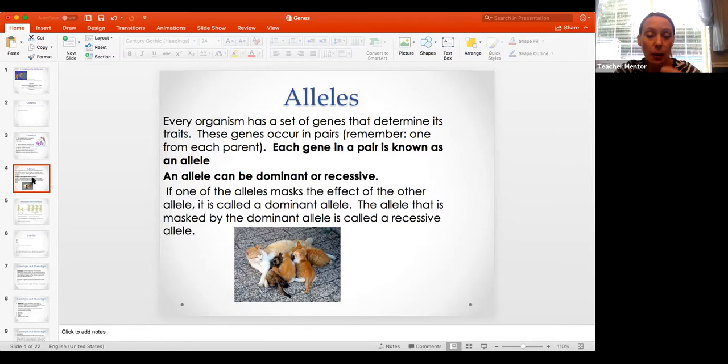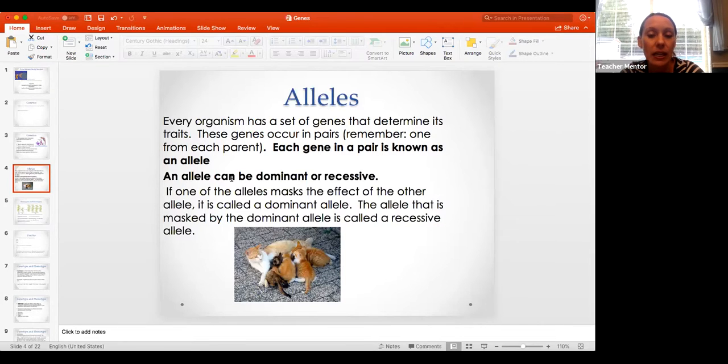Each gene in a pair is known as an allele. Okay, so an allele is that gene that you get from both mom and dad, one from mom, one from dad, male, female. And that's going to tell you what your possibilities are for, say, your eye color, your hair color, shape of your nose, your earlobes, those types of things, okay?